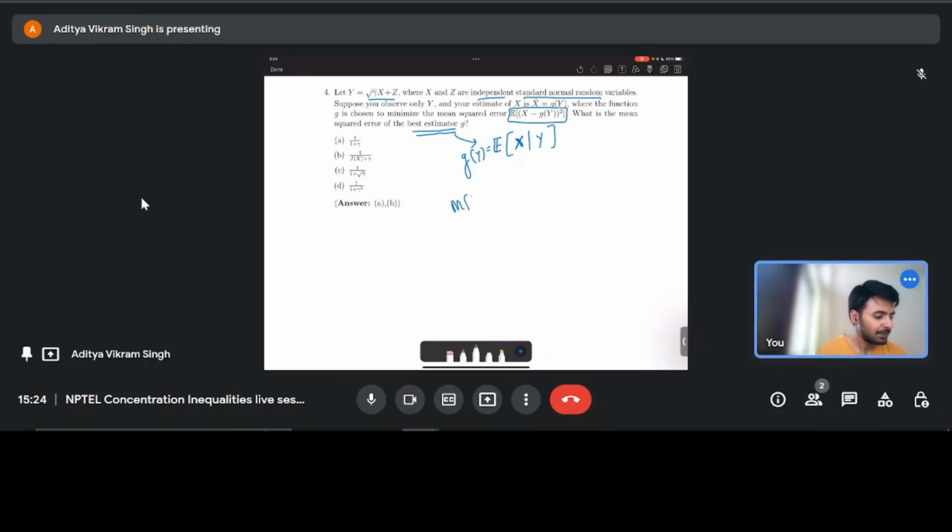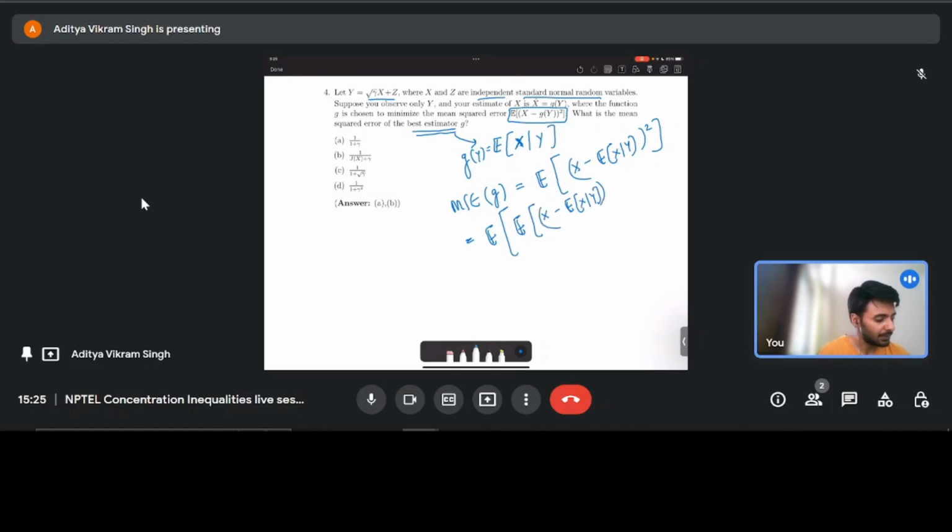So the MSE of G, of this conditional expectation, is the expected value of (x minus x given y) the whole square, and you can write this as the expected value of, again with all this conditioning, x minus the expected value of x given y, the whole square.